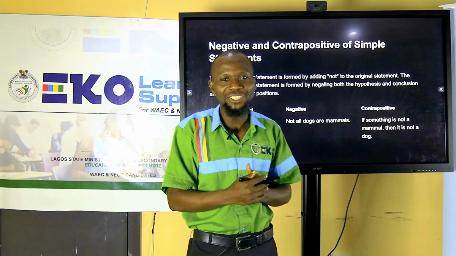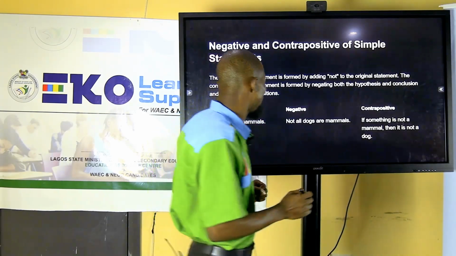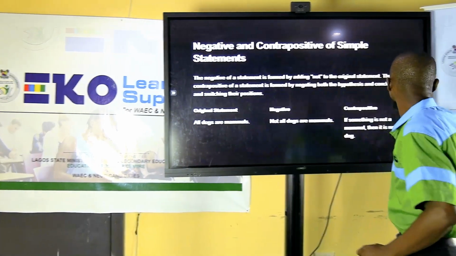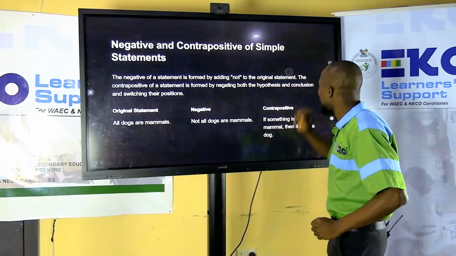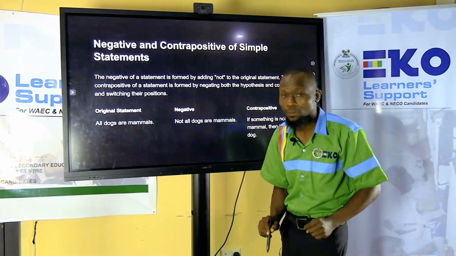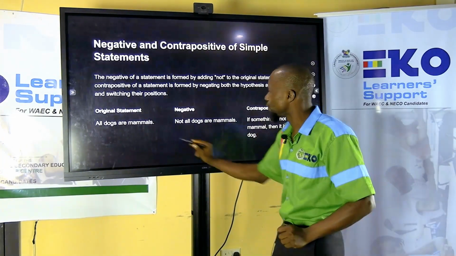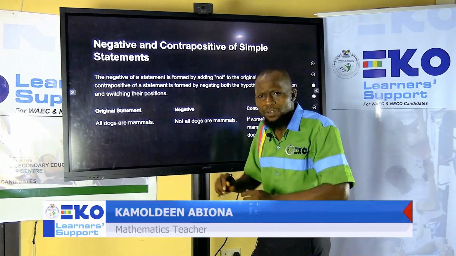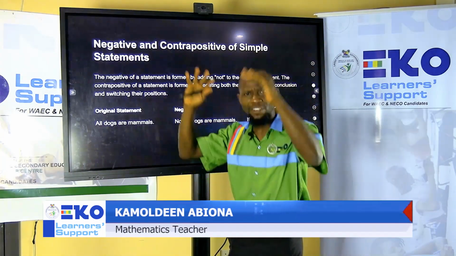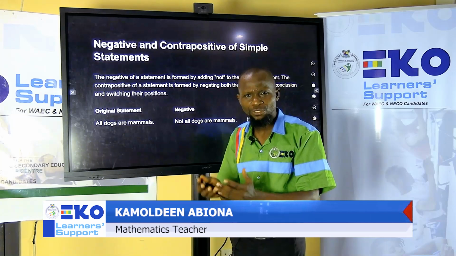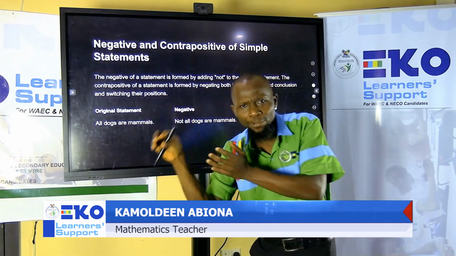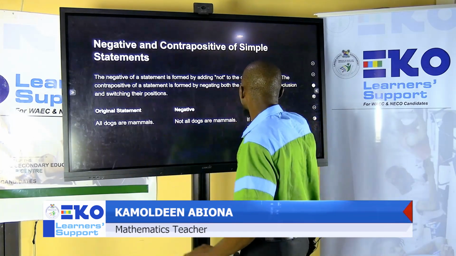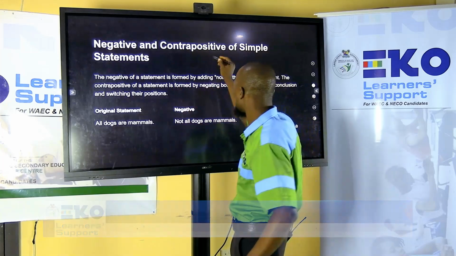Now, contrapositive. You need to understand this concept. I think I need to use my pen at this time. Let me indicate something for that. If you say all dogs are mammals, it means mammal is the general one. Then dogs are inserted in the general. So I can use the knowledge of Venn diagram.